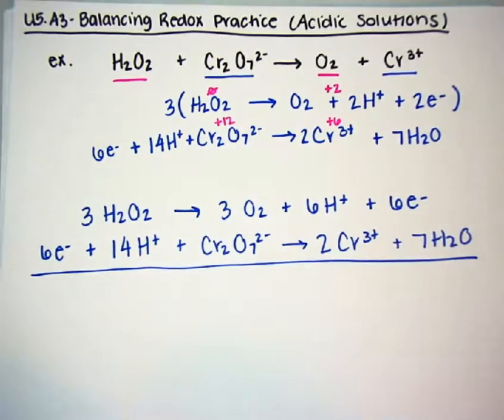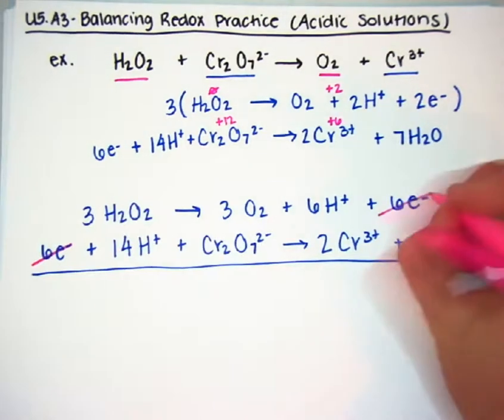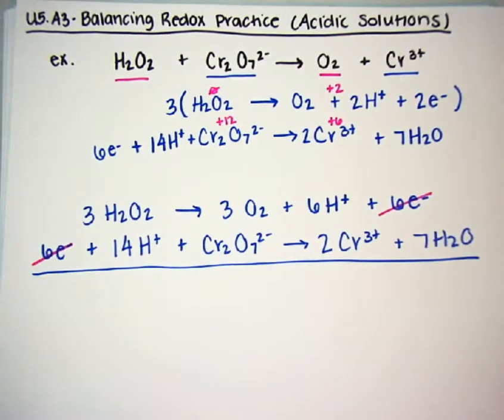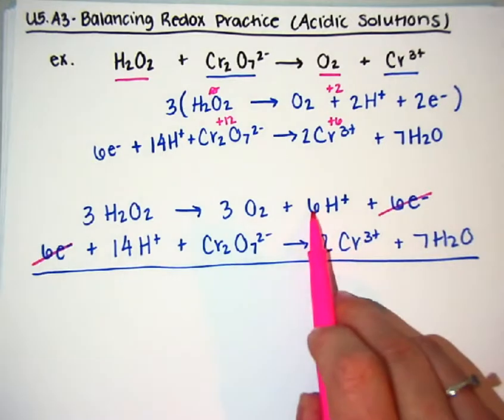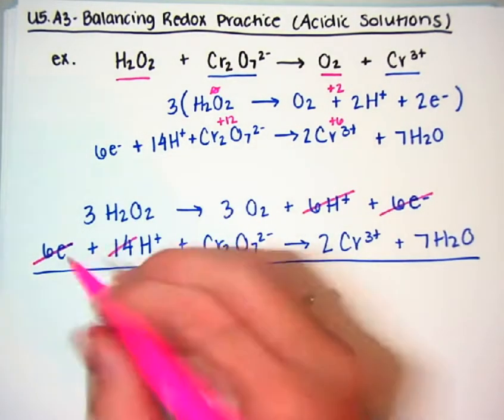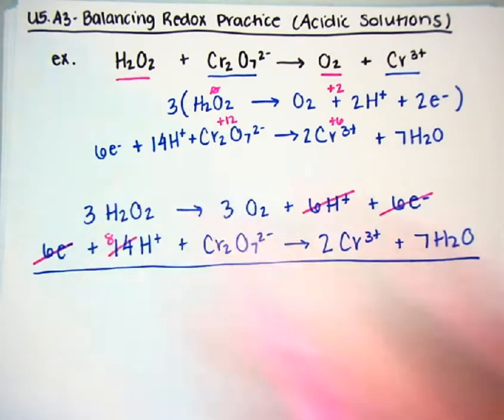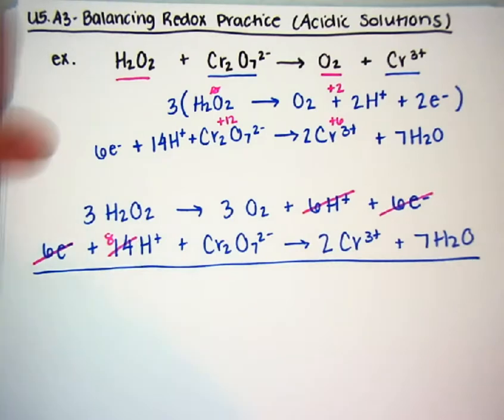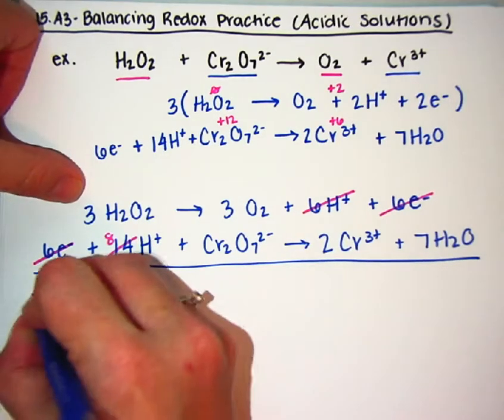Next, let's see what we can cancel. 6 electrons, 6 electrons. I can cancel out 6 hydrogens. If I cancel out 6 hydrogens, that will give me 8 left over. So what I have left on the reactant side, I'm going to bring down.